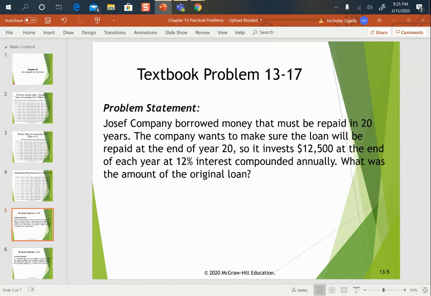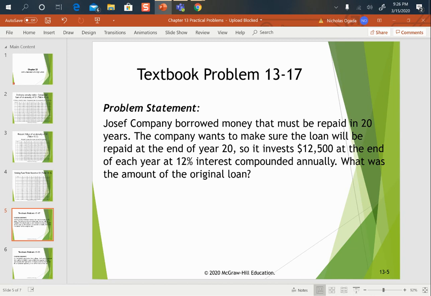So we're assuming that this loan has to be paid in lump sum, that is including the interest and the principal at the end of year 20. So in this case, the investment is 12,500 at the end of each year, at 12% compounded on an annual basis. So what is the amount of the original loan?